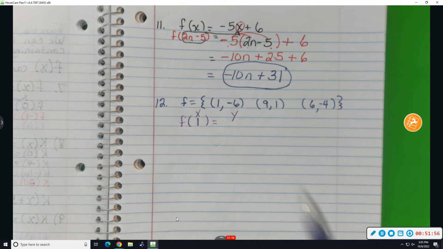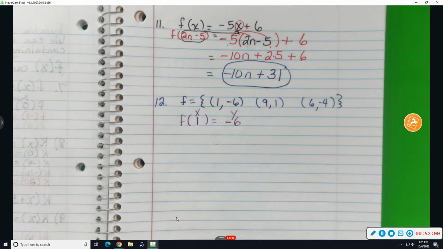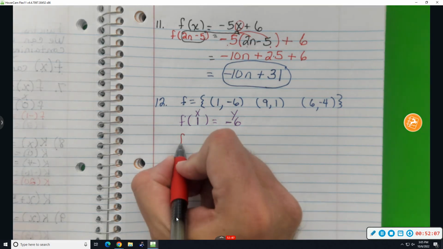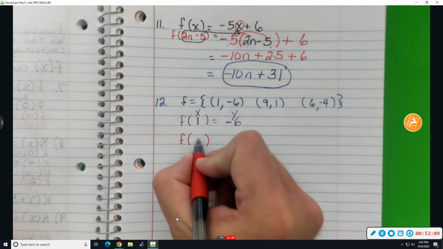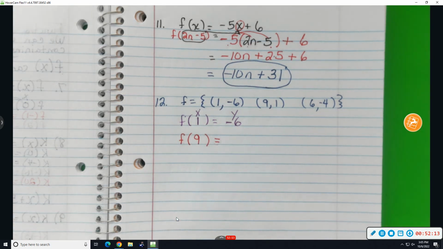Negative 6. Now this is one of the problems that should have had several parts to it, but it didn't. So let's just pretend it did. Suppose it had asked for this. Find f of 9. What would the answer be? A 1.